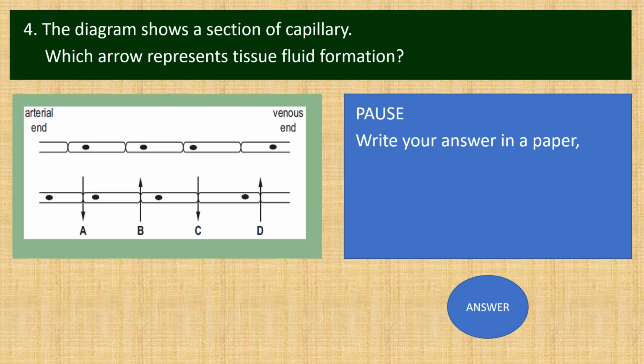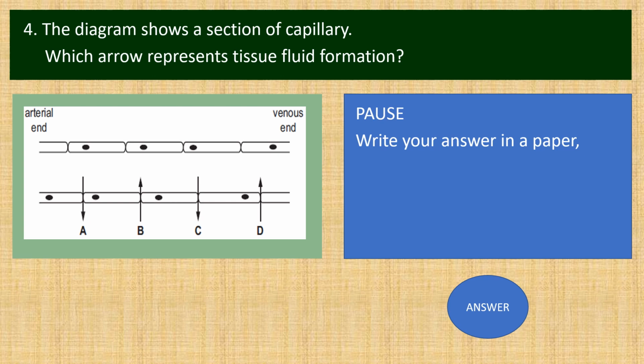Question number 4. The diagram shows the section of capillary. Which arrow represents tissue fluid formation? Is it letter A, from the inside of the capillary going out on its arterial end? Letter B, from the outside to the inside of the capillary in its arterial end?